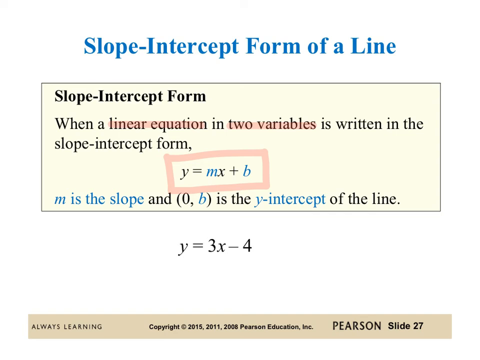The slope and the value of b both tell us some good things about the line. m is the slope, but b gives us the y-intercept of the line. In other words, it gives us a point on the line. So for example here, the slope of this line is 3.